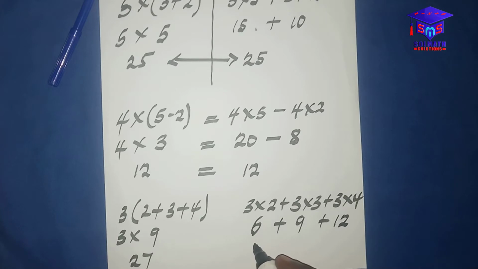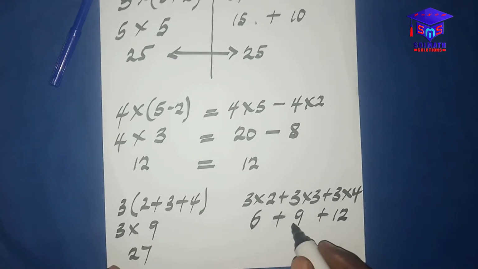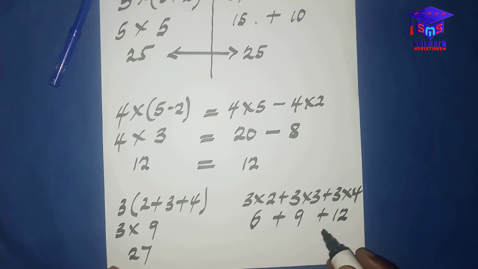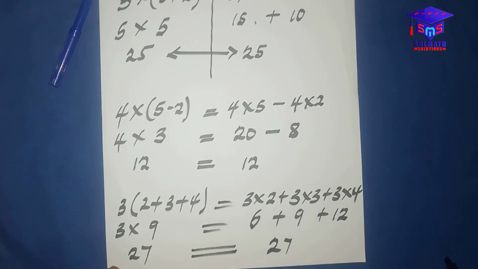Then we simplify further: 6 plus 9 is 15, and 15 plus 12 gives us 27, which is equivalent to what we got over here. Alright, good.